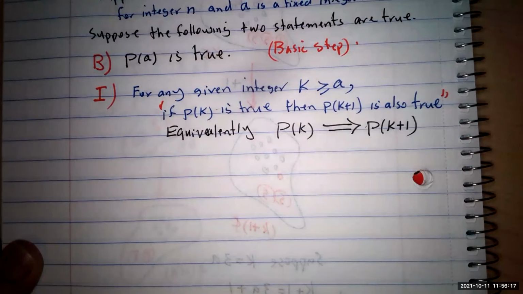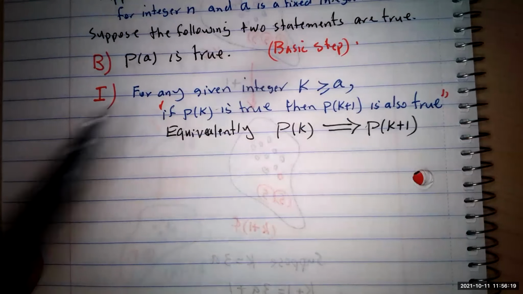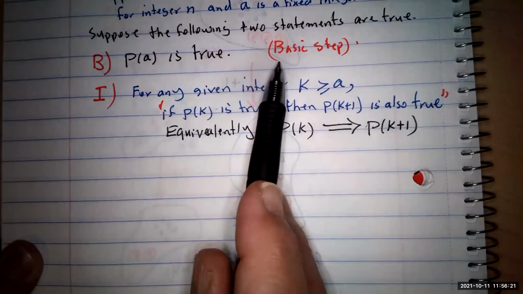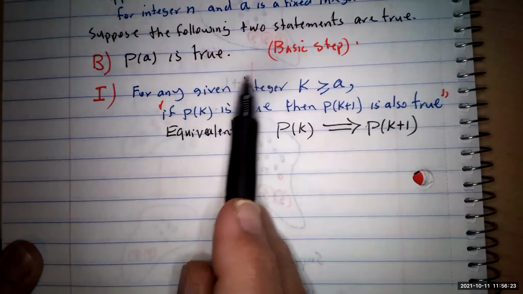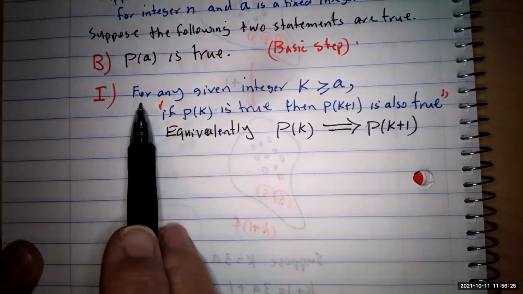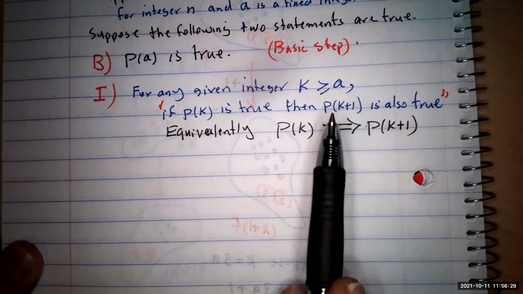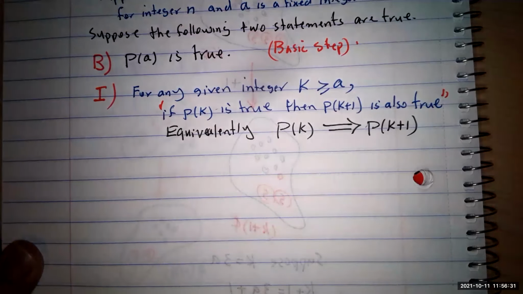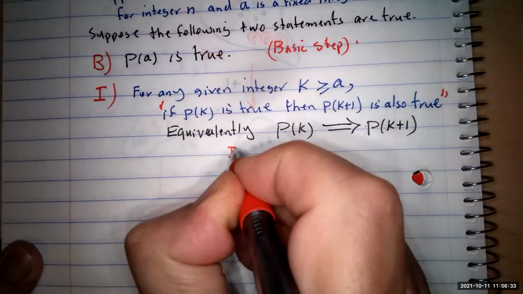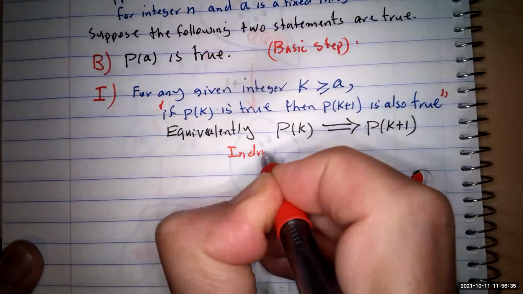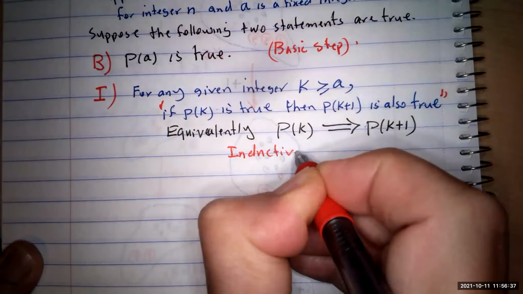This is a tautology. This is true. So P of a is true is the basic step. The inductive step is: for any integer k, if Pk is true, then you can prove Pk plus 1 is also true. This is called the inductive step.